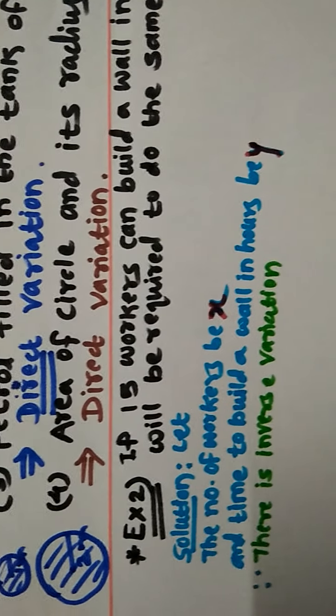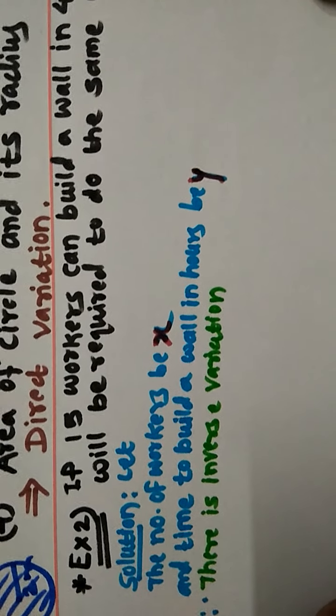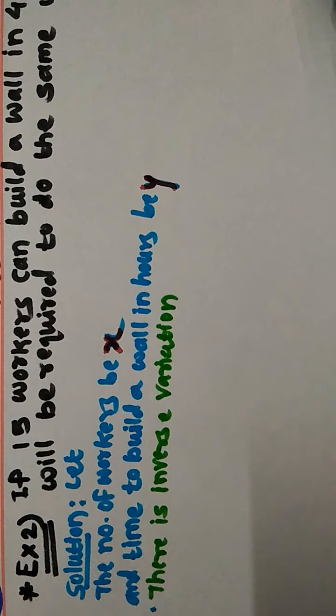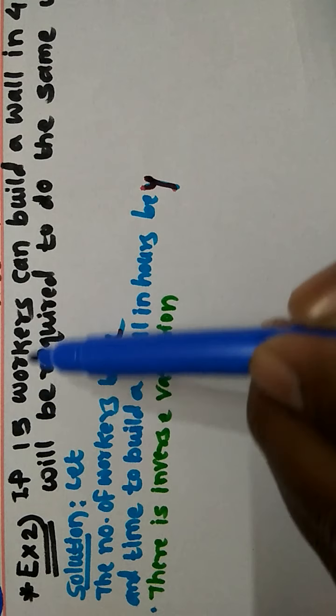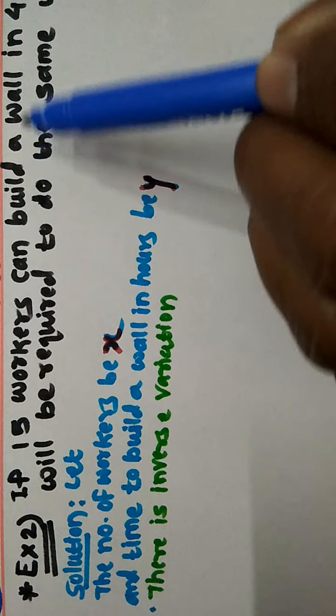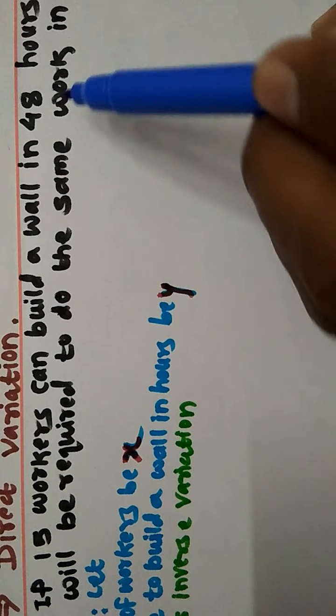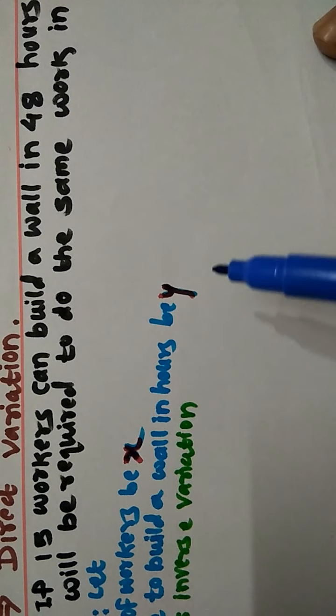Now we see question number 2, example number 2. If 15 workers can build a wall in 48 hours, how many workers will be required to do the same work in 30 hours?